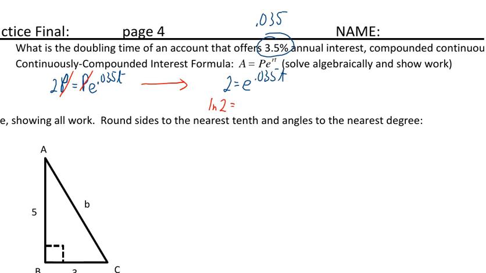But I like to look at it as just converting from exponential to logarithmic form. The log equals the exponent. And now natural log of 2 divided by the interest rate gives me the doubling time. It's usually about 19 or 20 years. 19.804 years. In fact, I think that might have been the same problem that was on the last test.